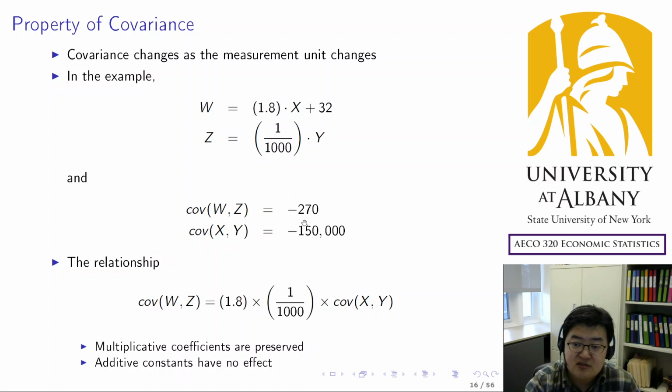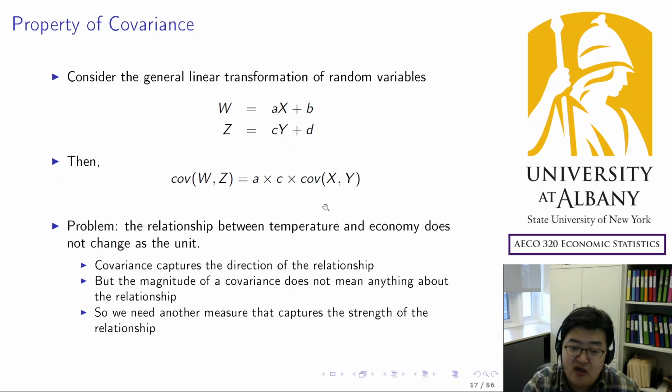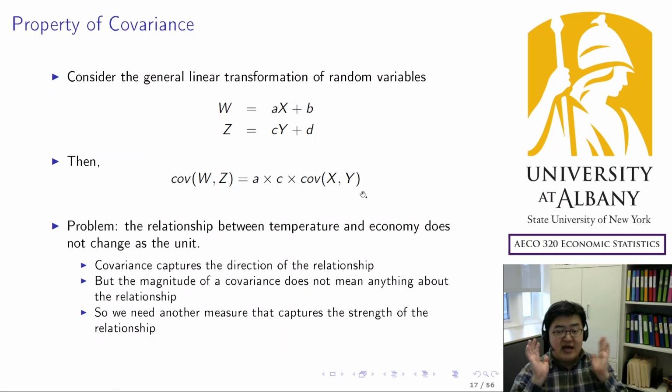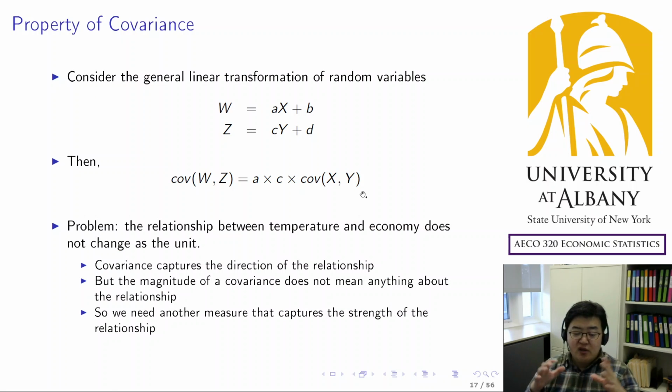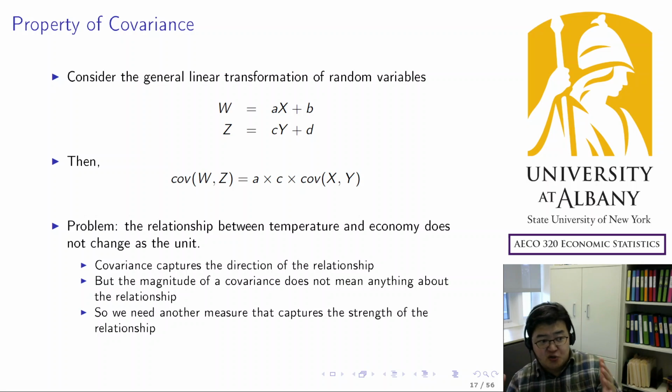Those numbers change according to the measurement unit. So they mean nothing. So this is not desirable at all. We would like to make a standardized measure that only captures the direction, and that is invariant even if you change the measurement units.